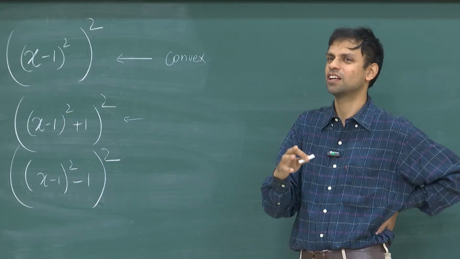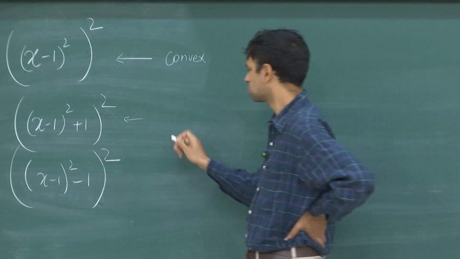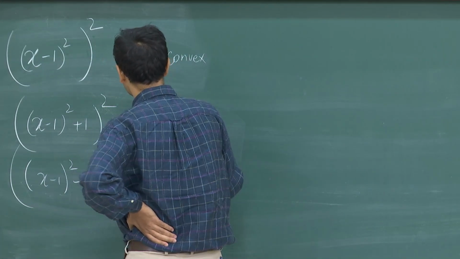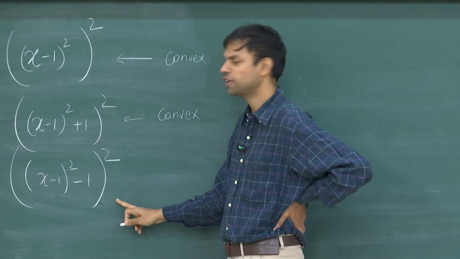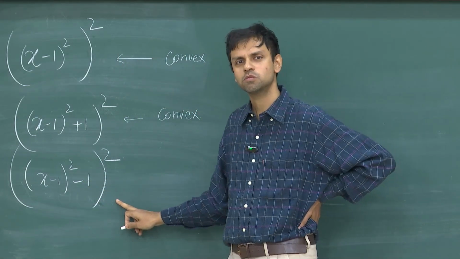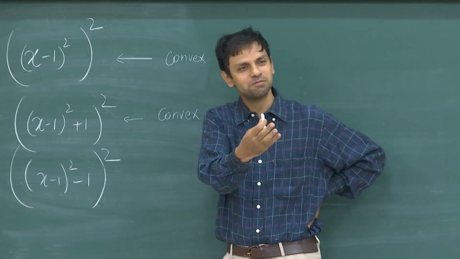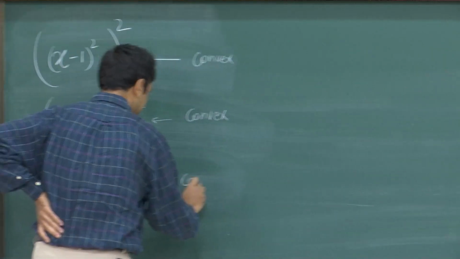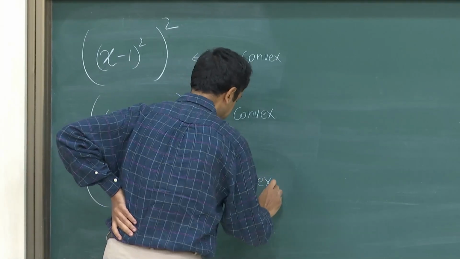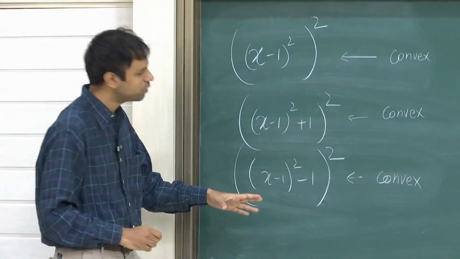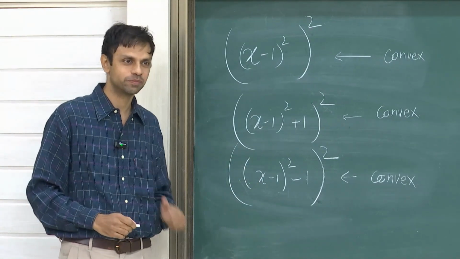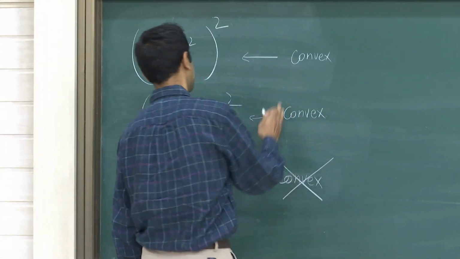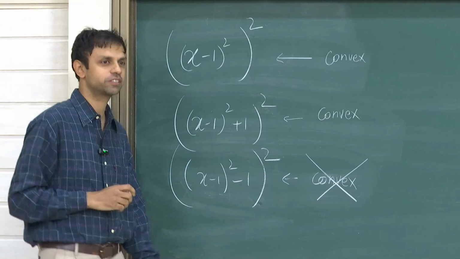Convex, alright. What about this one? Mustafa? Convex, alright. So all of you think these are convex. It turns out that the last one is actually not convex. So this is not convex, these two are in fact convex.